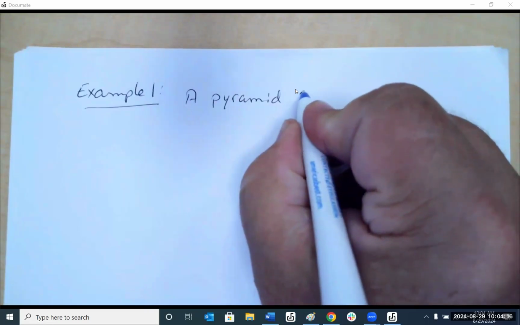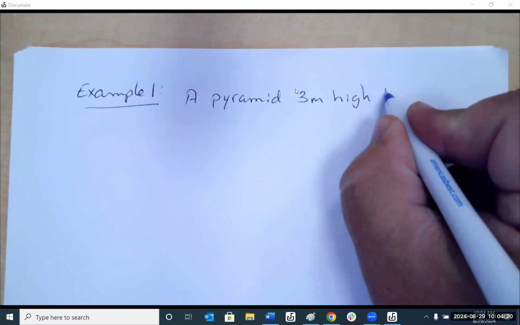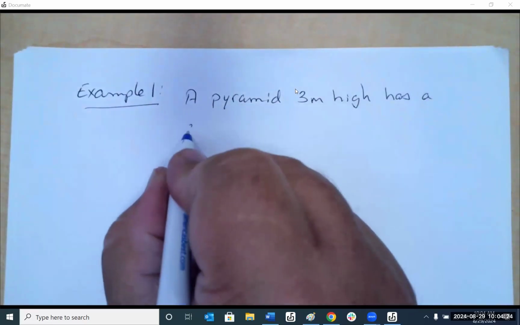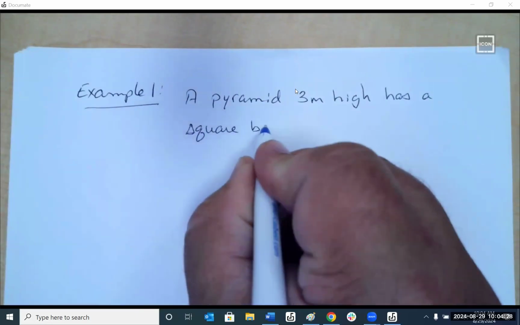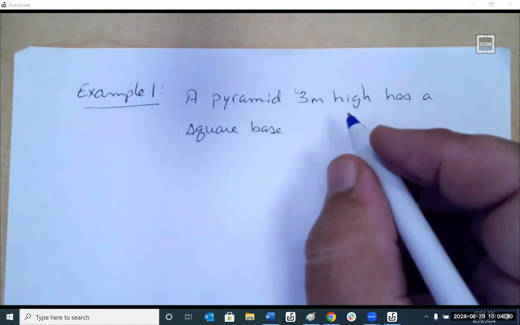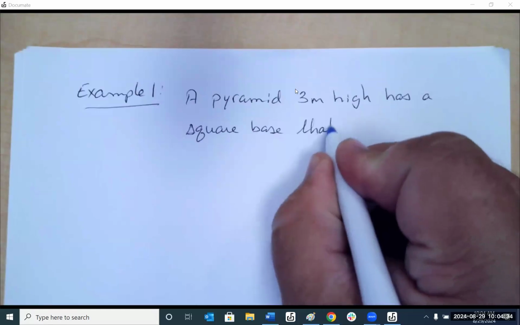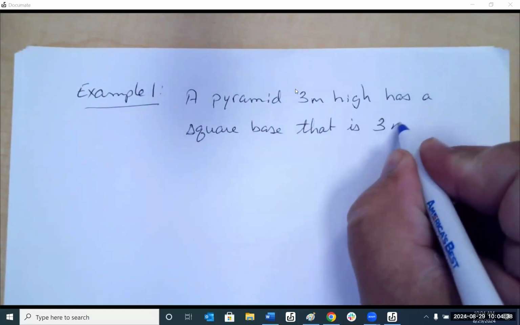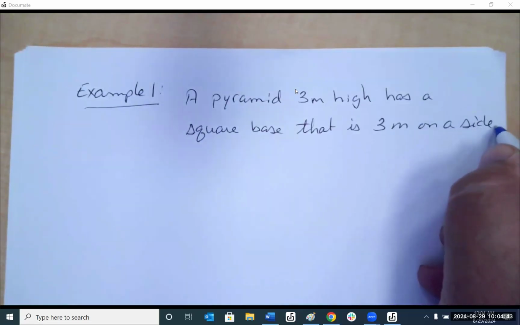A pyramid 3 meters high has a square base that is 3 meters on a side.